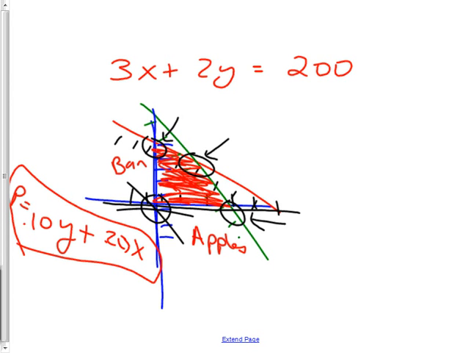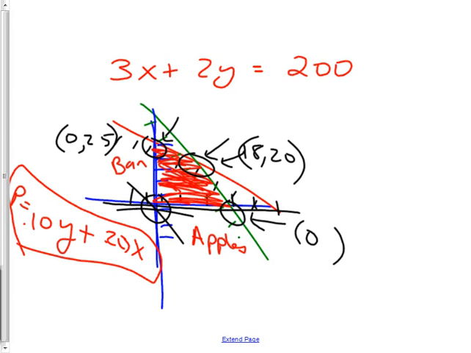Let's say this point right here is on a typical day at their store. So let's say that this is about selling 25 bananas. 0, 25. That spot right there is 18, 20. And lastly, this spot right here is at 0, 30.